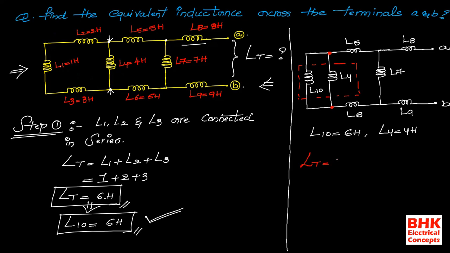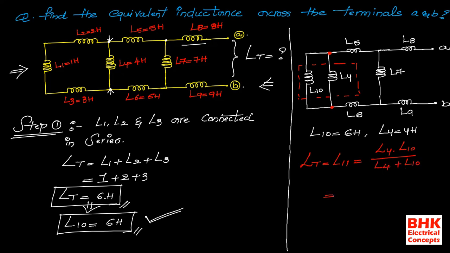Now I am giving the name L11 for the parallel combination of these inductances. So L11 is equal to, we know that when two inductors are connected in parallel, the formula is the product of two inductors divided by the addition of two inductors. So L11 is L4 into L10 divided by L4 plus L10.